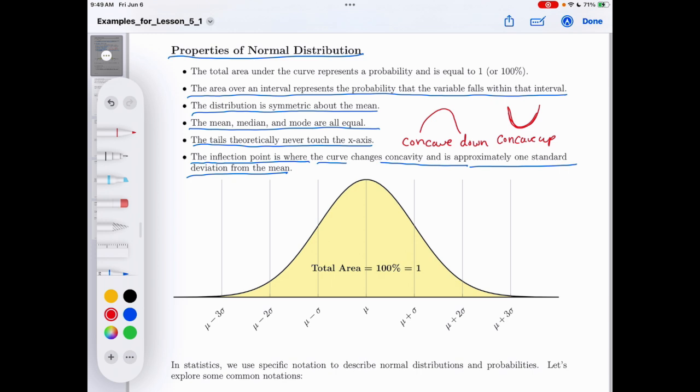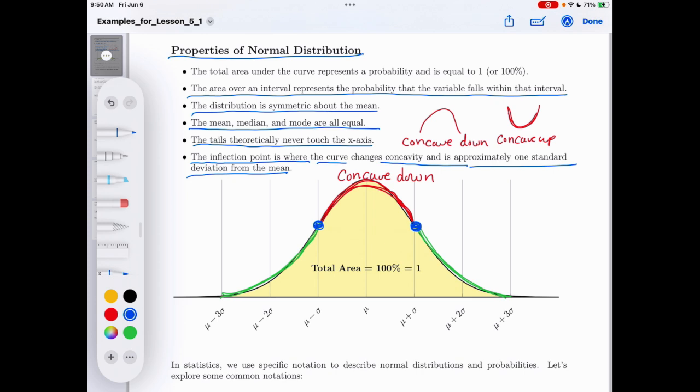So when we look at our normal curve here, this part of the graph right here is concave down. Let me change colors. When you look at the rest of the graph, it starts to turn concave up. So it looks like a bowl facing up.